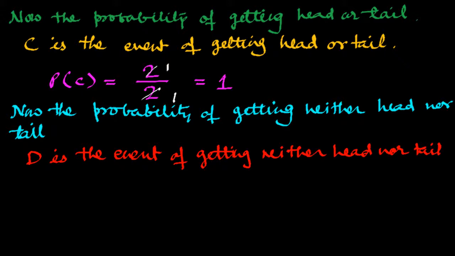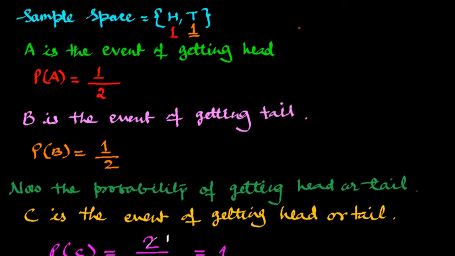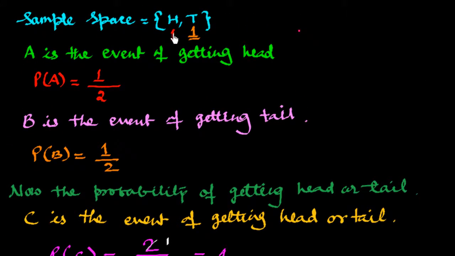So the probability of D: here we have two outcomes in the sample space, head and tail, and neither head nor tail means we have no favorable outcomes.